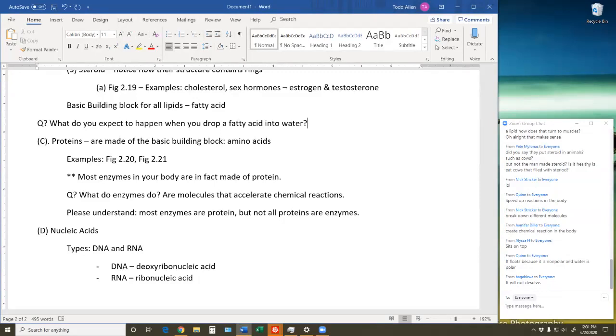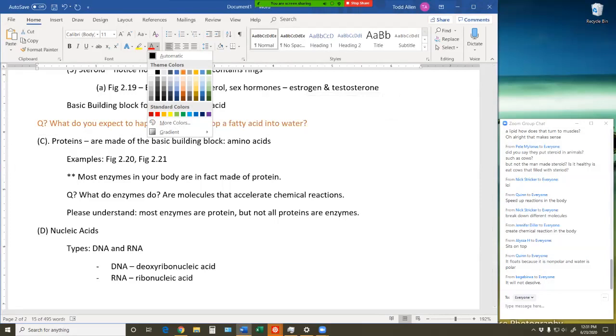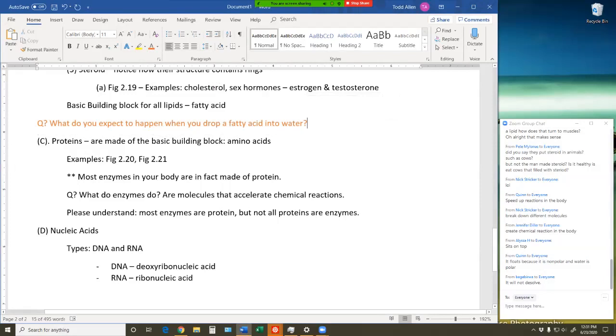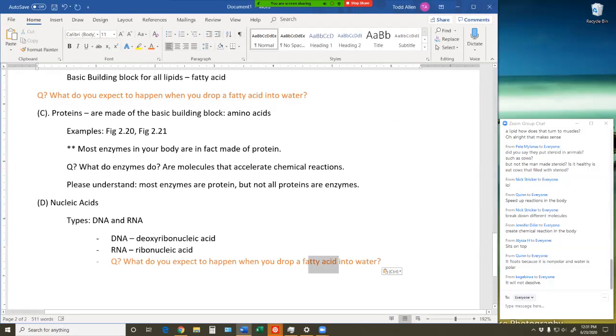So, okay, let me do this. Here's a question, and I'm going to shade it, or I'm going to make it orange, I guess. Now, I'm going to take this question, and I'm going to repeat it and modify it down here. What do you expect to happen when you drop ribonucleic acid into water?